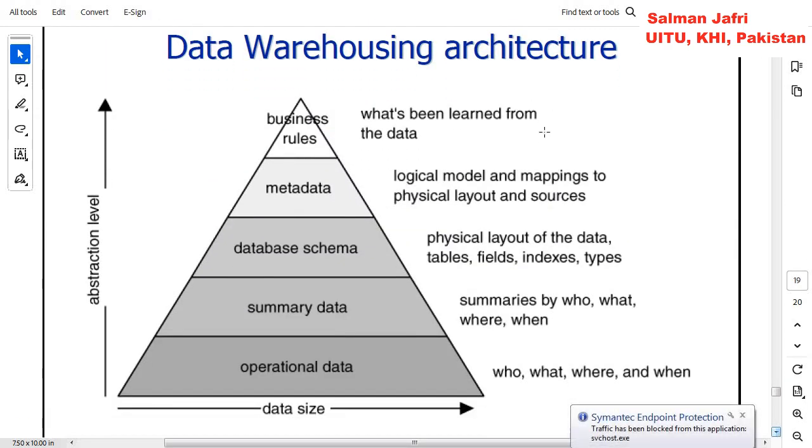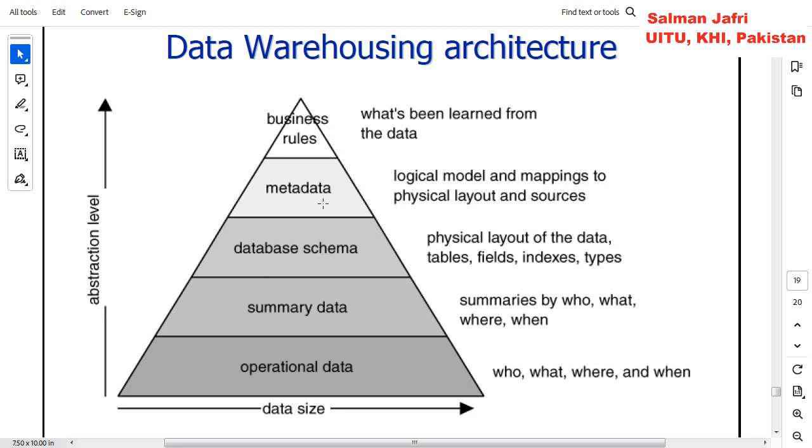So the data warehousing architecture includes operational data, which deals with who, what, where and when. This is basically the operational database, the everyday transactional database that is happening. Okay? Then we summarize by who, what, where and when. This is called summary data. Then we design the database schema with the physical layout of the data tables, fields, indexes and types.